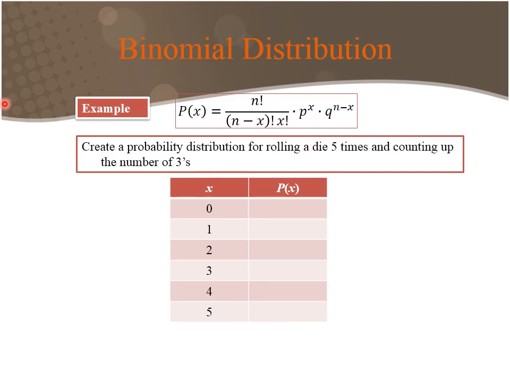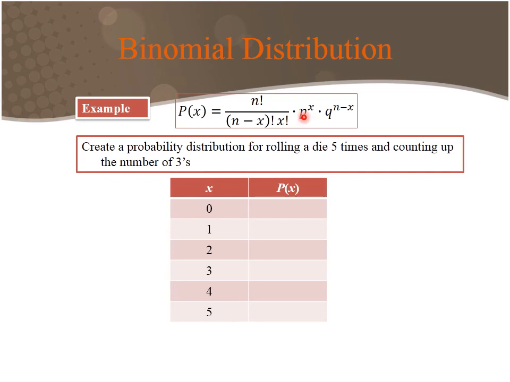So, assuming those criteria are all met, and they are, then we could plug 0 into our formula. In other words, we would have 5 factorial divided by (5 minus 0) factorial times 0 factorial, which of course is 1, times the probability of a success, 1/6, to the x degree, which is 0 in this case, because in this particular question we're talking about the probability of 0 threes.